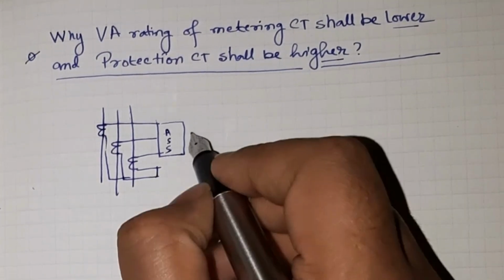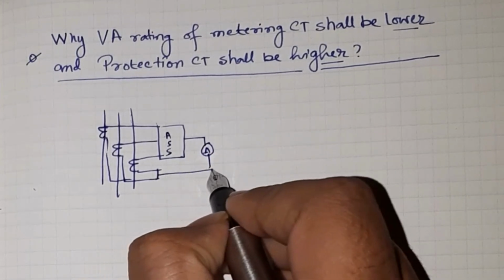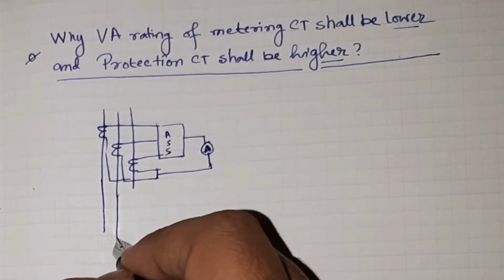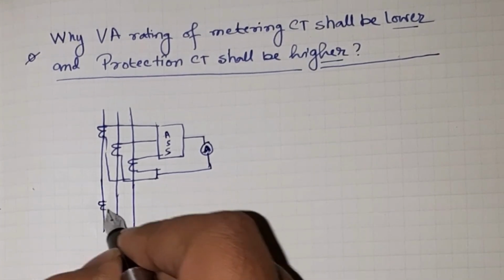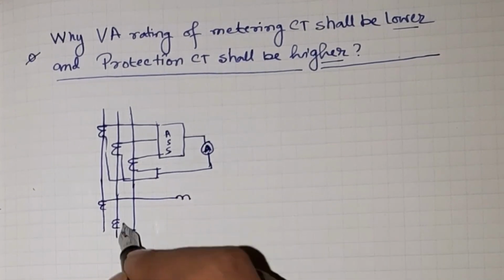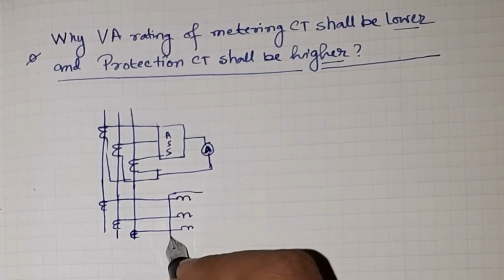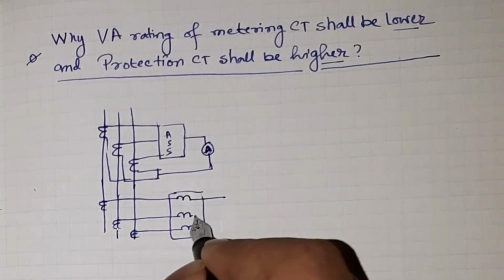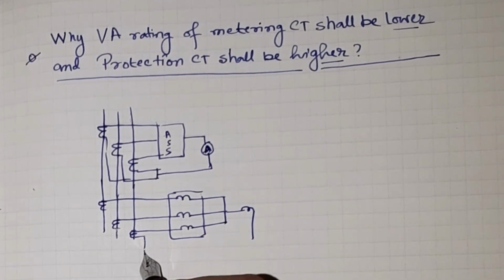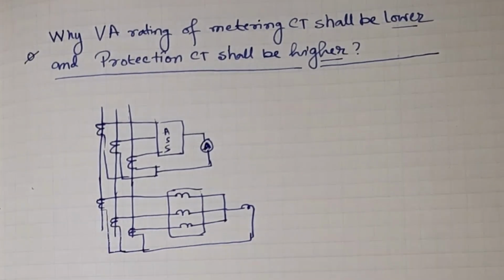This is the ammeter connection, and again this line continues, and say this is another three CTs connected to relay coils. Say these are overcurrent relays. These three are again residually connected, and from here the earth fault relay is connected. So suppose we have a connection like this.